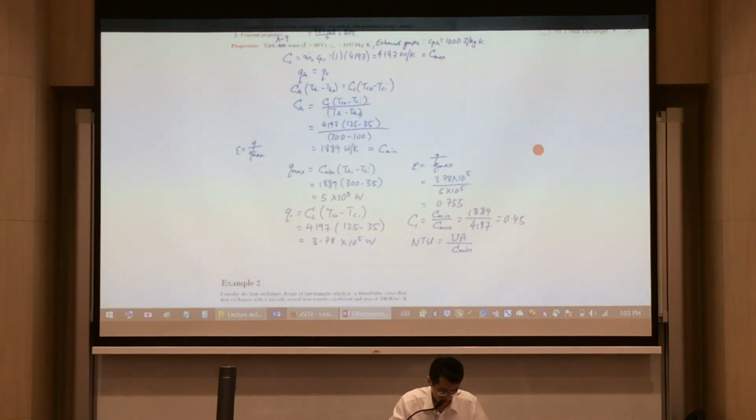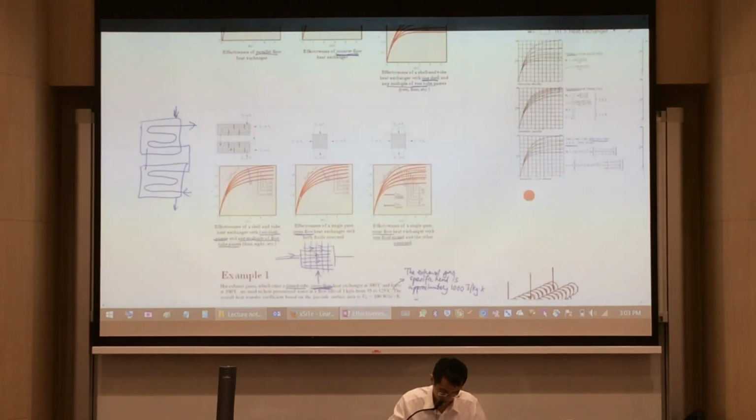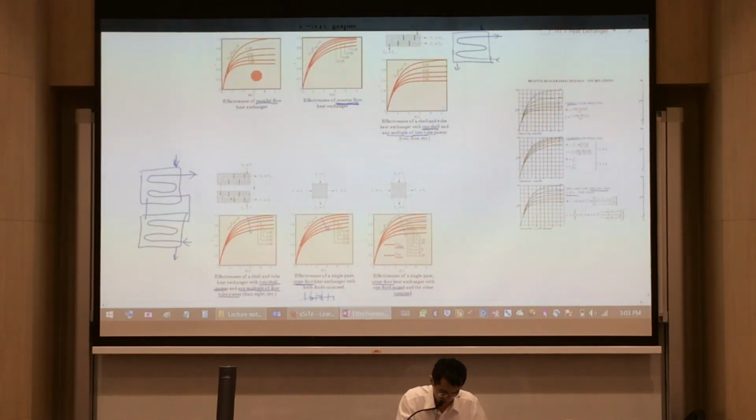Now I want you to have a look. Which graph do you think you'll be using? 1, 2, 3, 4, 5, 6. Well, that's the only thing that you need to be tested. That you know which graph to go for.